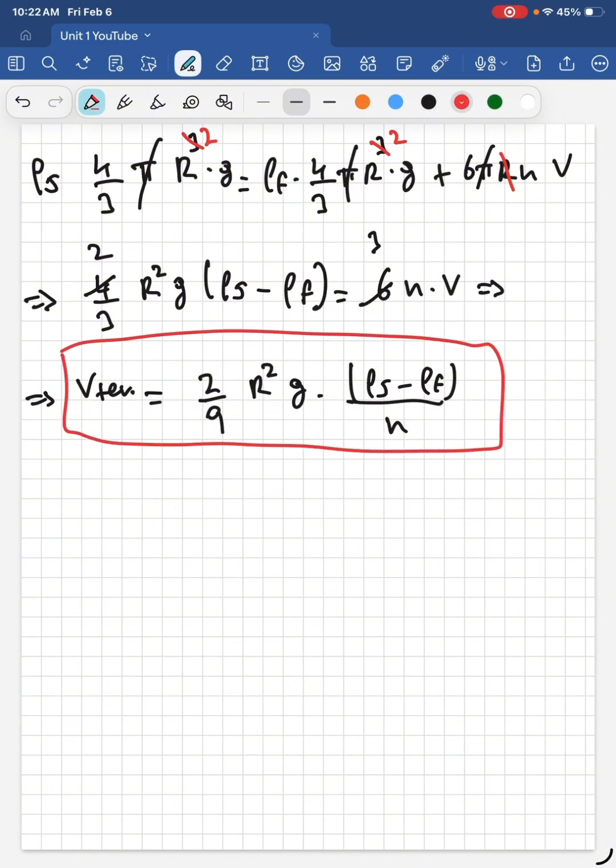Okay, it's a little bit hard, but not difficult to derive.